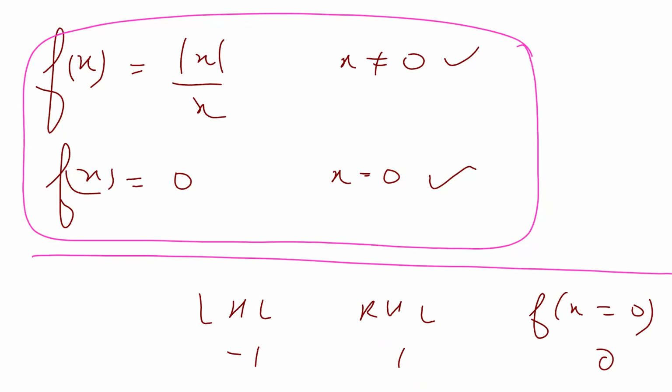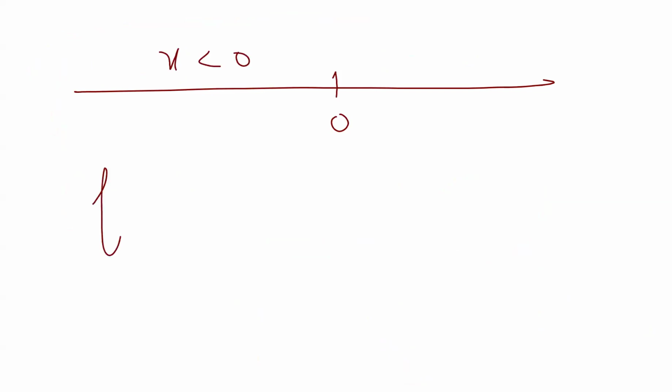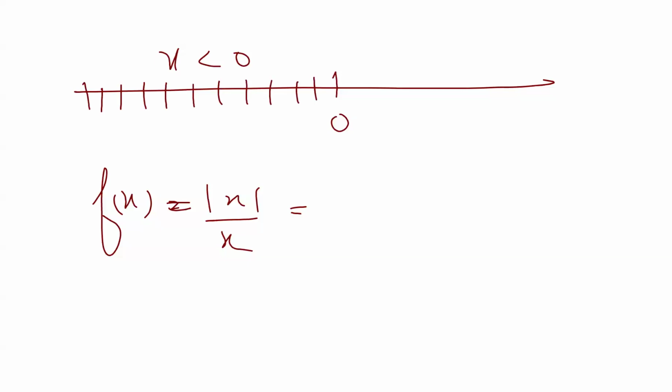Now x is less than 0. 0 we did. Now x is less than 0. So for less than 0, the function is the same, modulus of x upon x. So for any value of x which is less than 0, these are all negative values. So all x values will be negative.